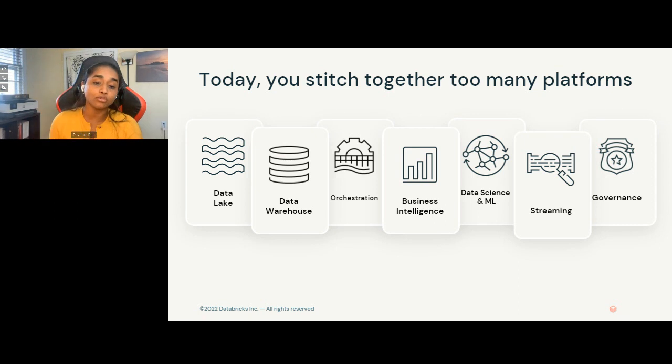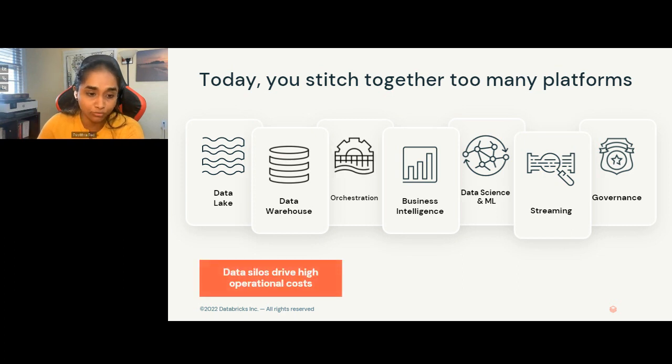Finally, all of these platforms need security and governance, which is likely being handled in multiple different solutions. So you're trying to stitch all of this together. In the end, you're dealing with a huge amount of data movement and copying that are driving high operational cost.